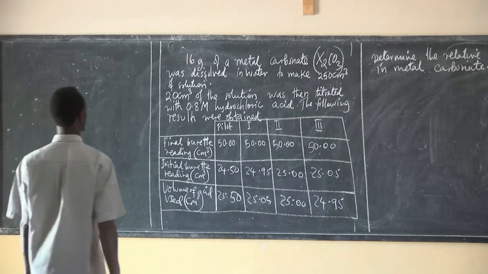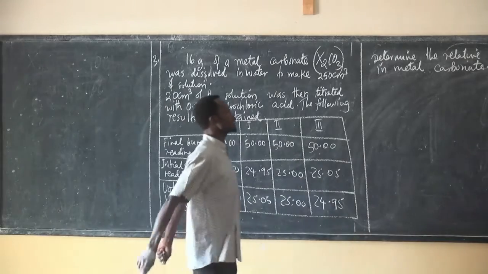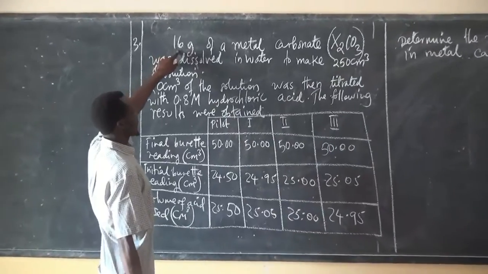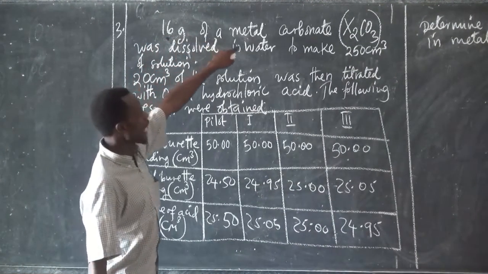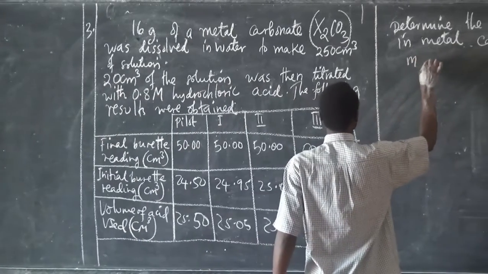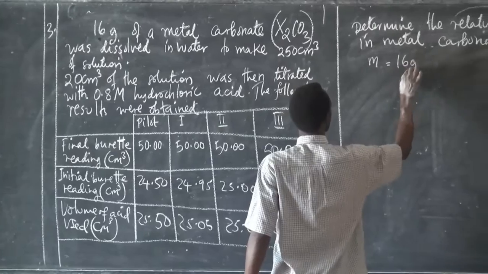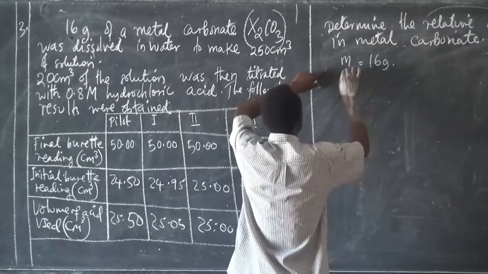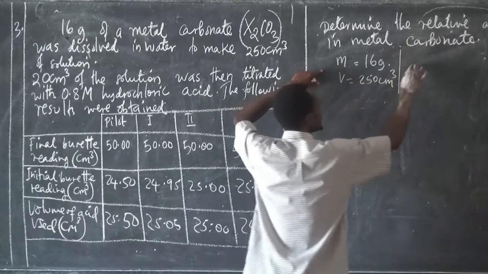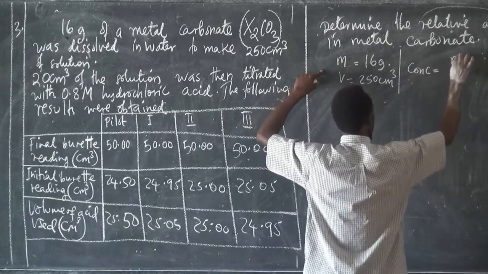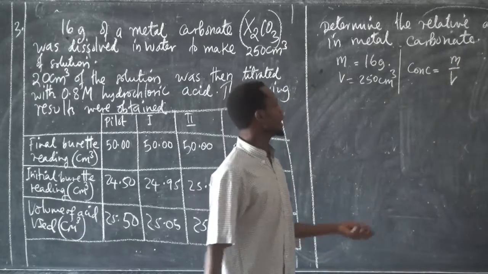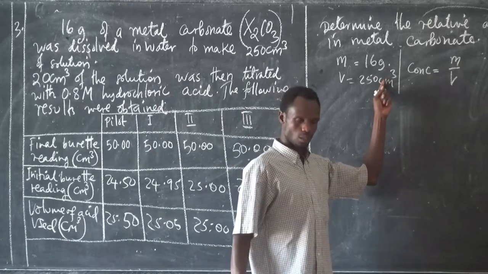In short, that's how we determine the molarity of acid. This is the third question: determine the relative atomic mass of the metal. 16 grams of metal carbonate was dissolved into a volume of 250. The concentration is equal to mass over volume, and the volume should be written in decimeter cubic.